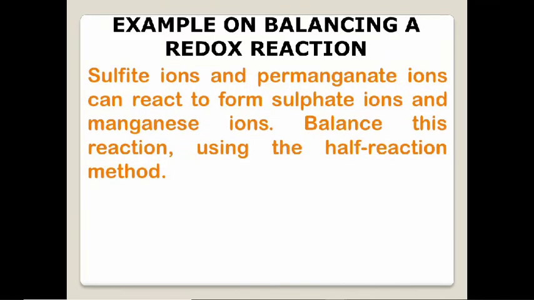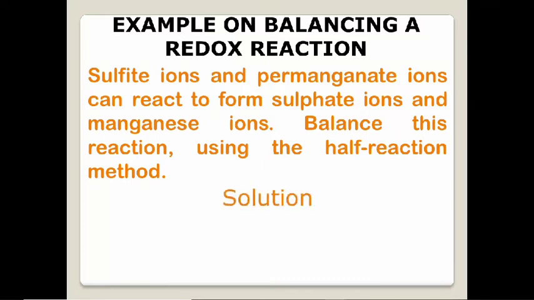So let's take a look at this example on balancing of redox equations. So we have sulfite ions and permanganate ions. They reacted to form sulfate ion and manganese ions. We have to balance the reaction using the half reaction method.